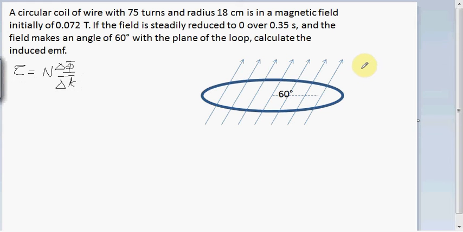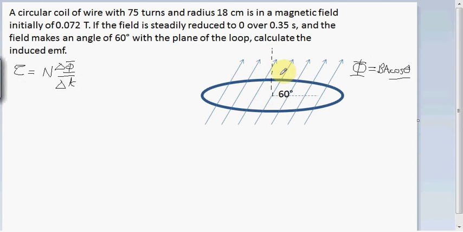Now remember that magnetic flux is calculated that way. It's the magnetic field times the area of our coil, times the cosine of theta, and theta is the angle between the magnetic field and a line perpendicular to the coil.